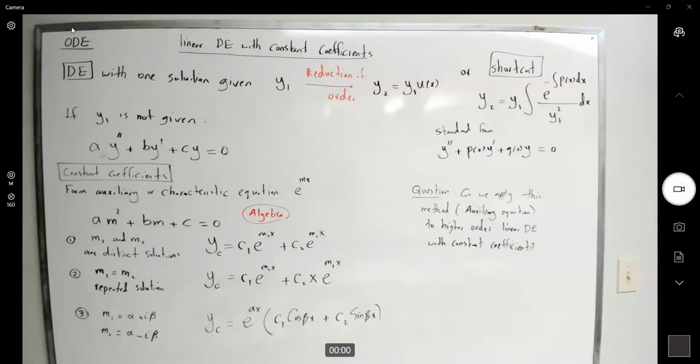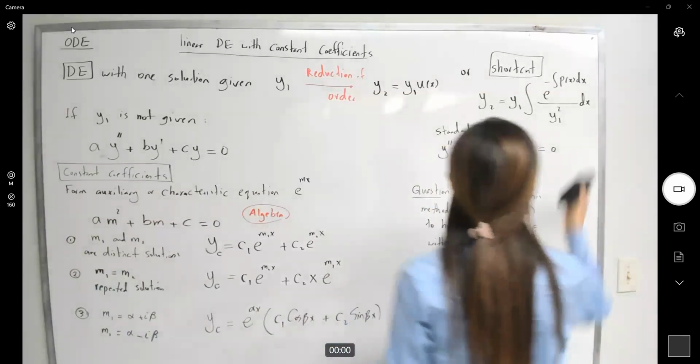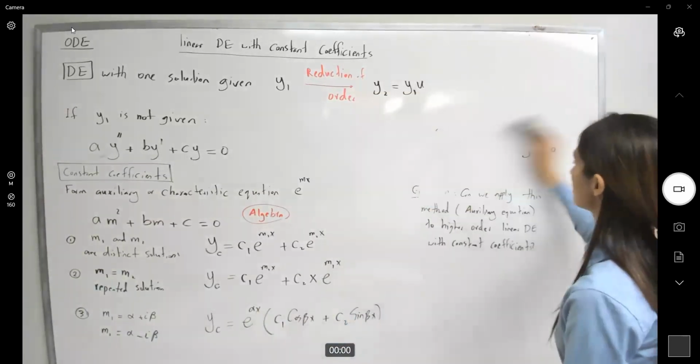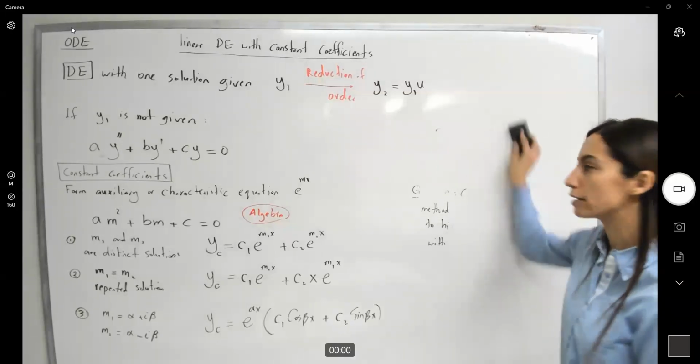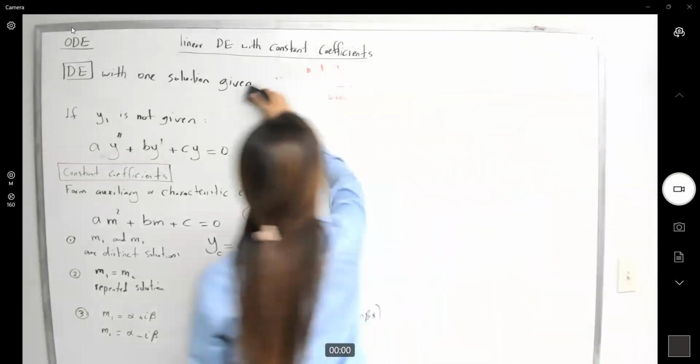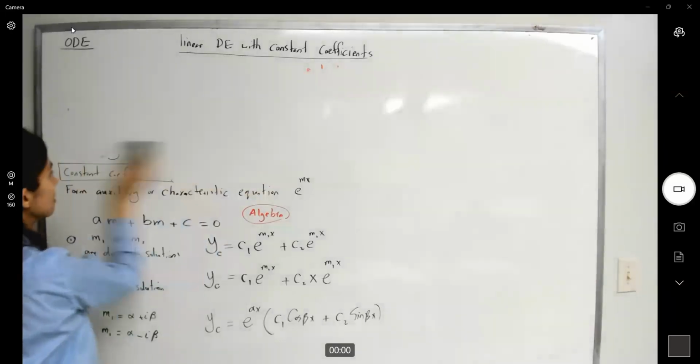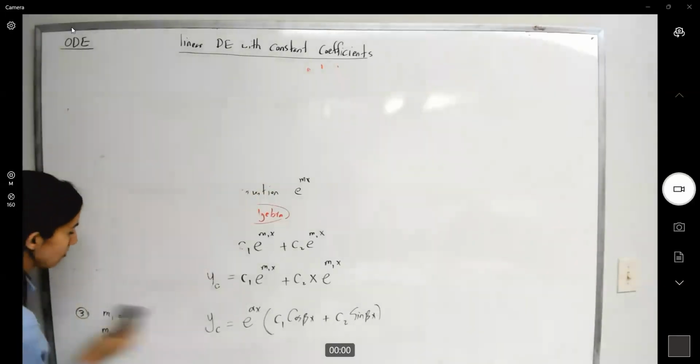Let us take a look at one example. So we want to answer this question. Let us try one example, see if we can apply this method to this differential equation of the third order.